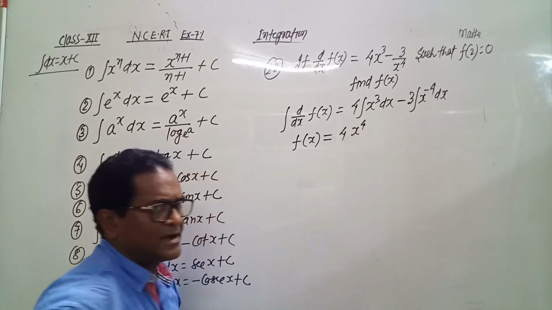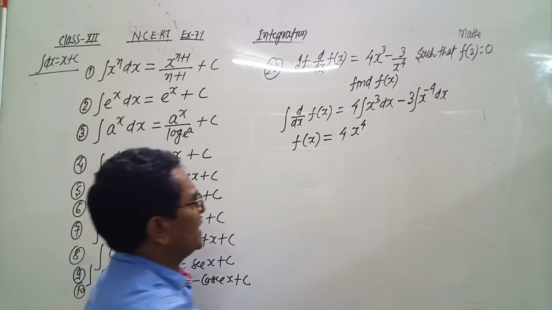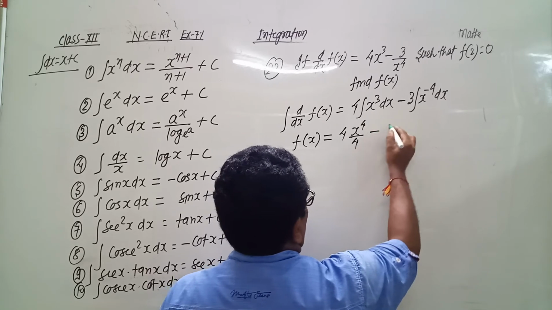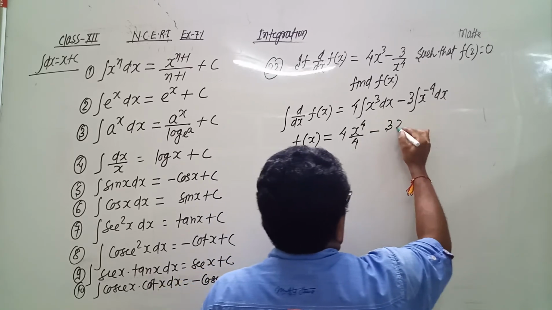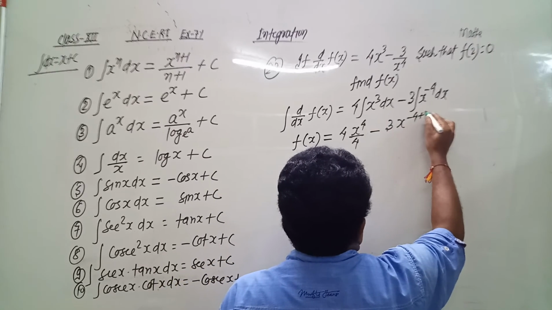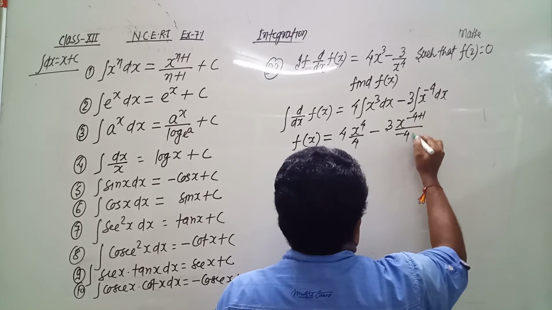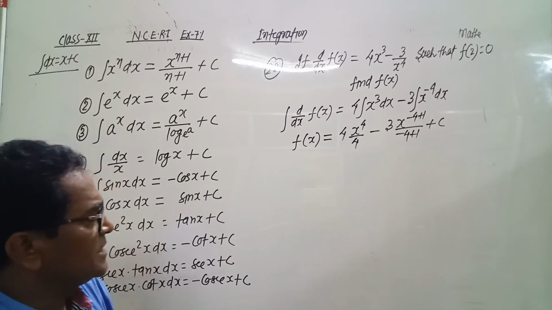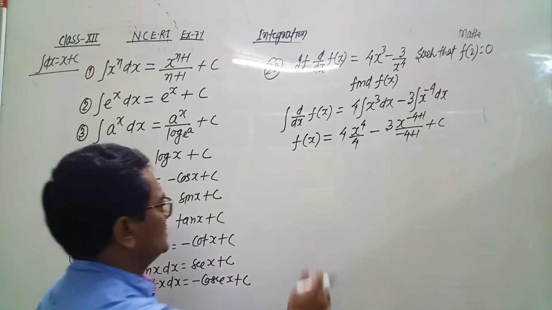This will be integrated in the form x raised to the power n dx, so x raised to the power n plus 1 by n plus 1. Minus 3 x raised to the power minus 4 plus 1 by minus 4 plus 1, and plus c. C is the integration constant.